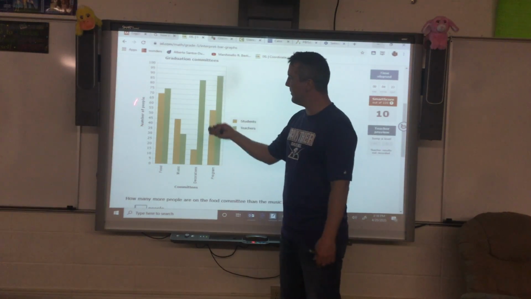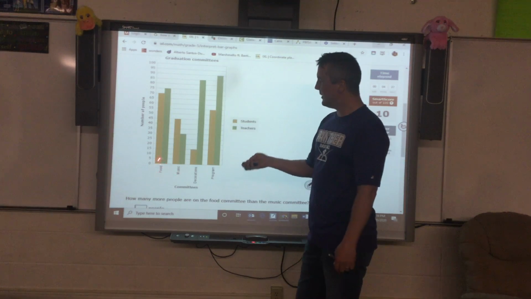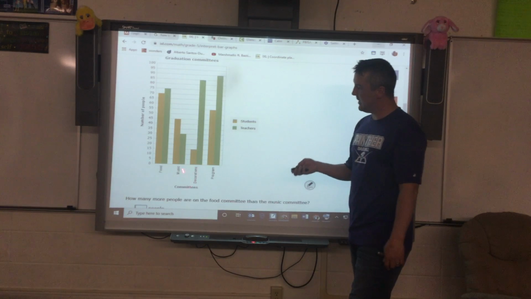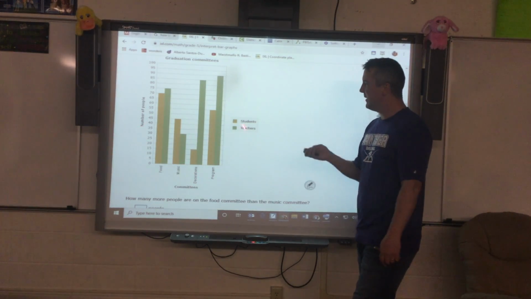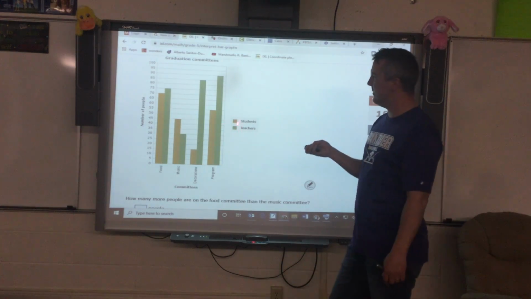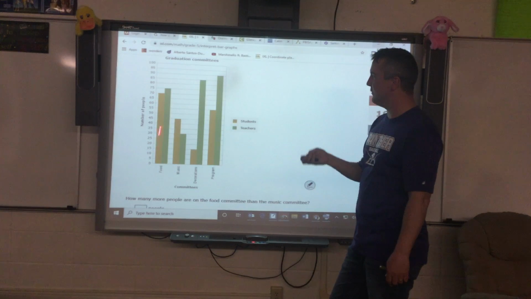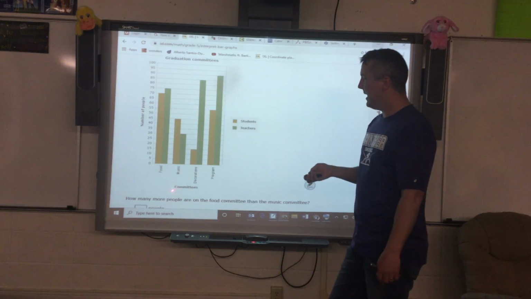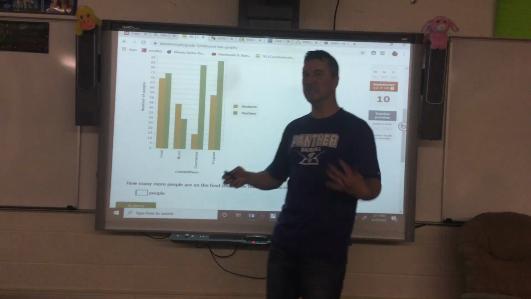Number of people, so almost 100 people right here, and then the types of things that they were supposed to do: food, music, decorations, programs. These are all people doing these things. But then I look on the side on this key over here, and the yellow ones, those are the students. So what did the students volunteer for? And then the other one, the green, would be the teachers. What do the teachers volunteer for? Okay? And then at the bottom, the question's going to ask me, how many more?